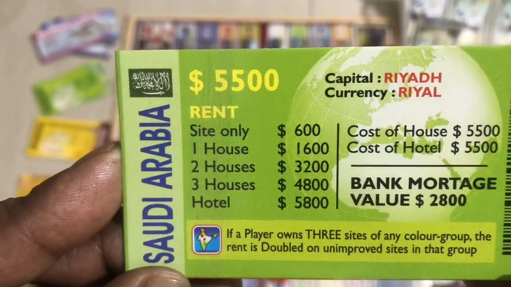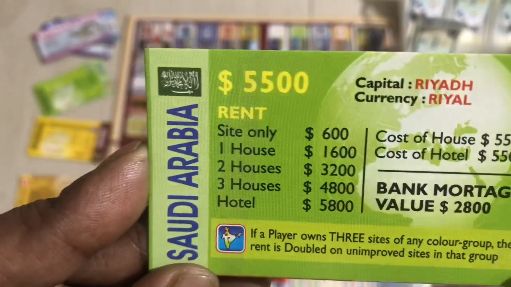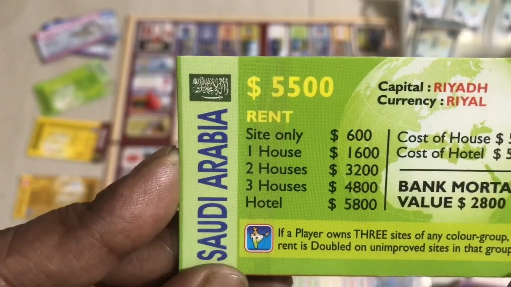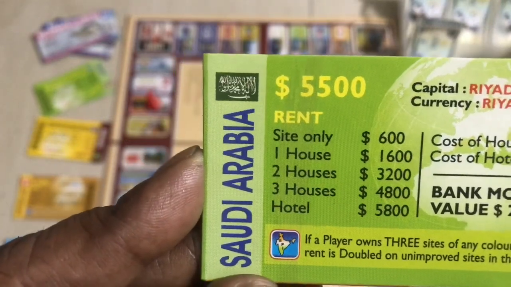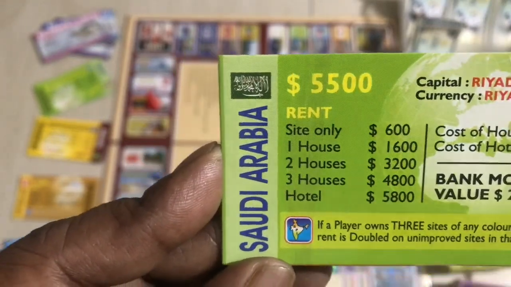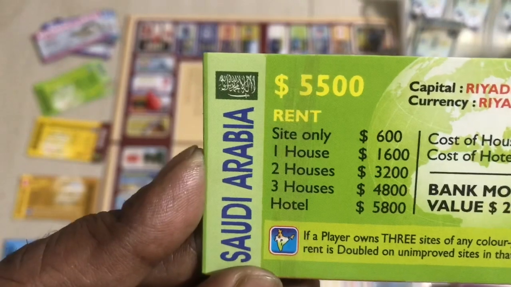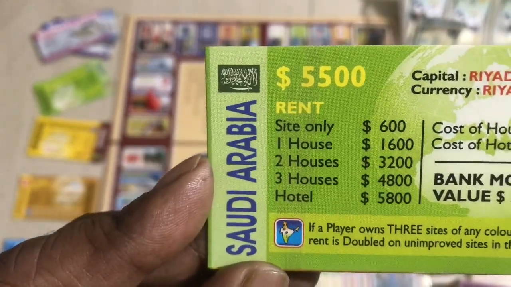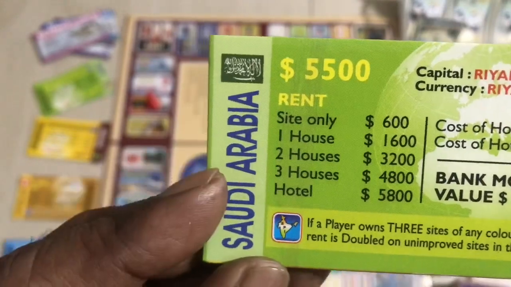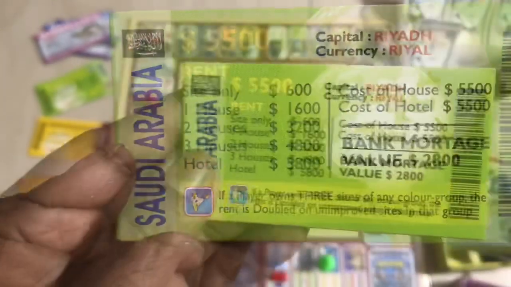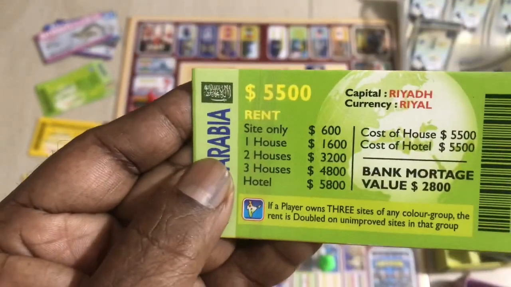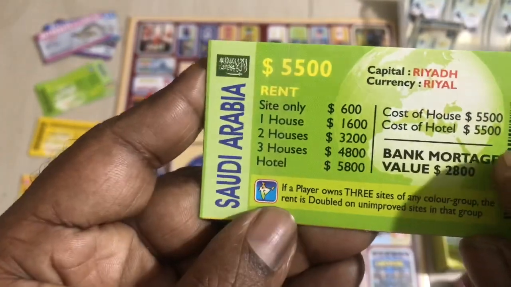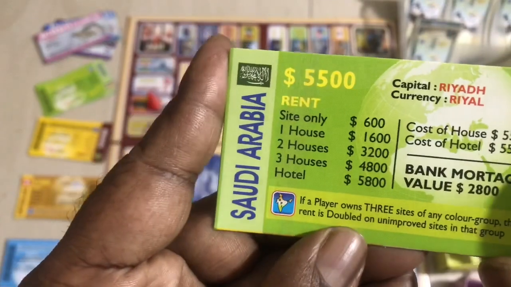Its site rent only $600. One house rent $1,600. Two houses rent $3,200. Three houses rent $4,800. Hotel rent $5,800. House cost $5,500. Hotel cost $5,500.